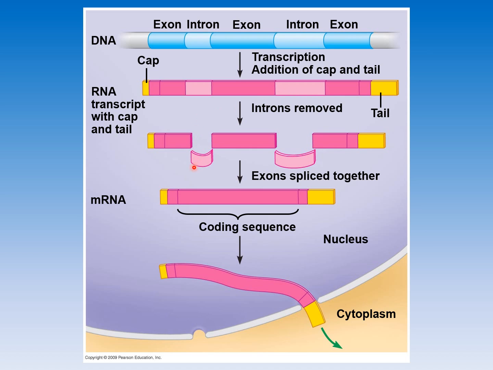Those are the introns. So you're going to cut those out, and then you're going to splice these together. How do you connect these together? Use DNA ligase. It'll help glue them together. And then now you've got this much shorter piece of mRNA, which is now considered mature, and through the nuclear pore, it's going to leave and go into the cytoplasm.